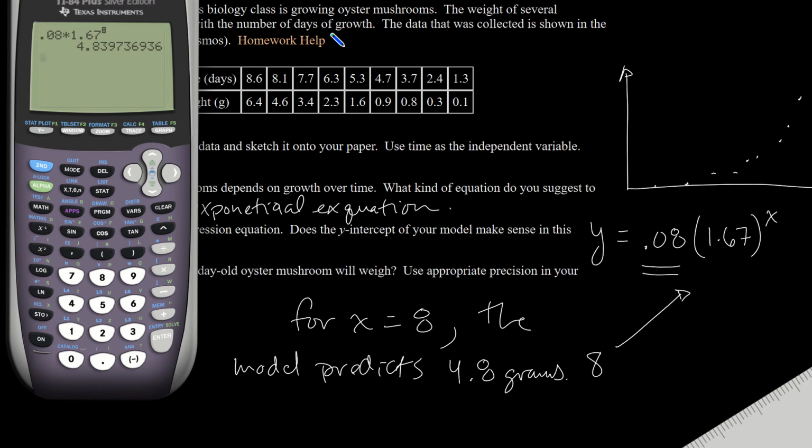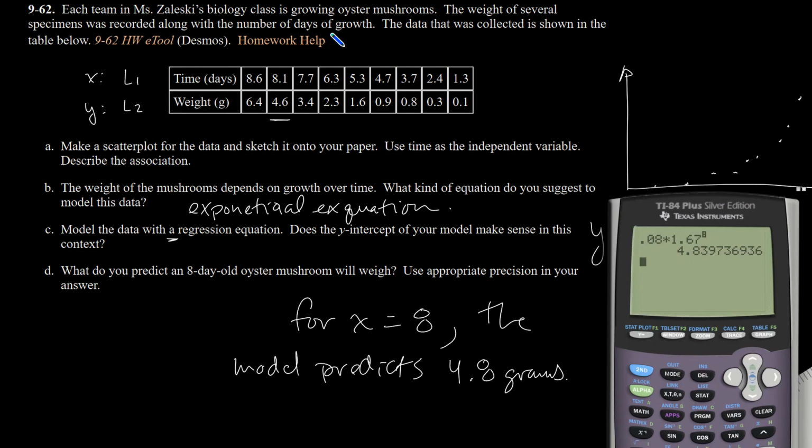So if it's predicting 4.8 grams, I think that's definitely above that one. I really can't talk about the residual because I don't have an actual value for 8 anywhere on the chart, right? 8 wasn't there, so I'm predicting 4.8 grams. So I would say at day 8, I would expect an 8-day-old oyster mushroom to weigh about 4.8 grams.